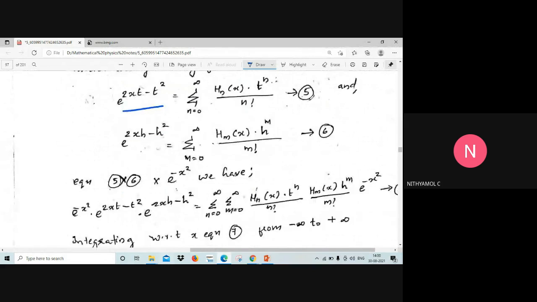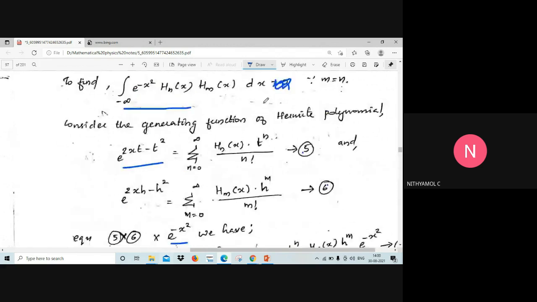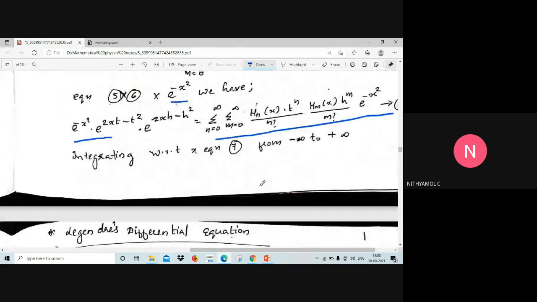We multiply equations 5 and 6 and e raised to minus x square on both sides, that is, e raised to minus x square, e raised to 2xt minus t square into e raised to 2xh minus h square is equal to the product of the right hand sides.